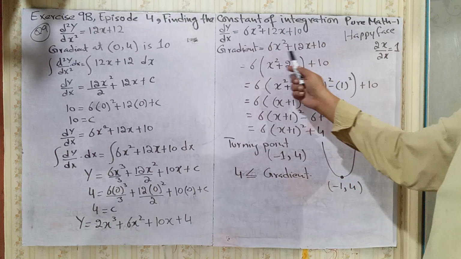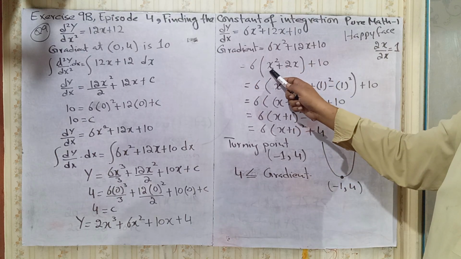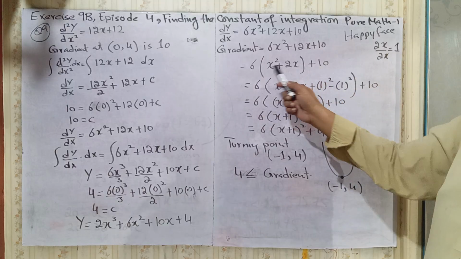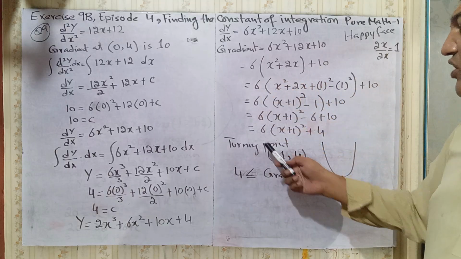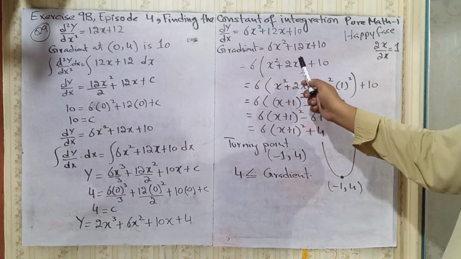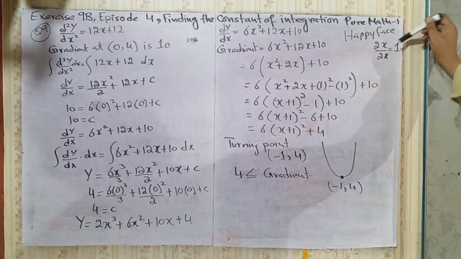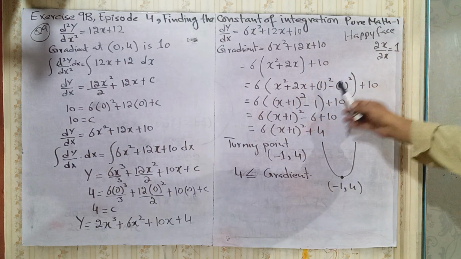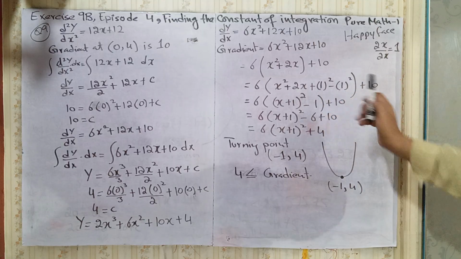From these two terms I took 6 common, so inside the bracket: x squared plus 2x, and this 6 will continue with it. I will take the 2x term and in my rough work divide it by 2x. I get 1. So the square of 1 will be added and the square of 1 will be subtracted.